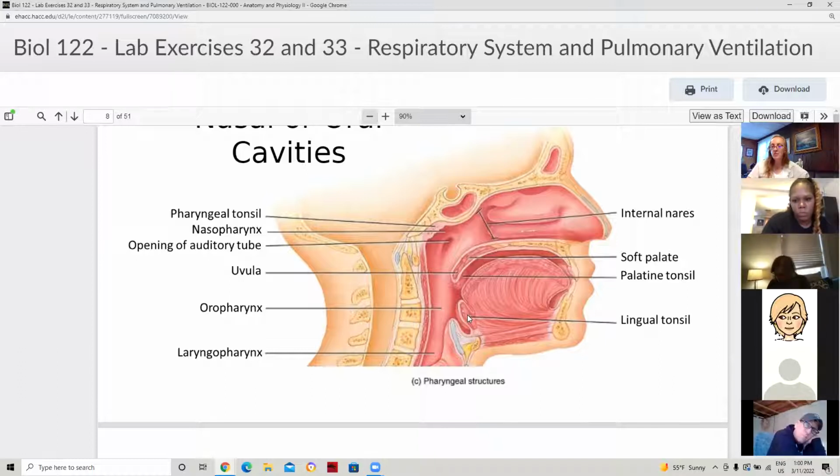So lingual tonsil right at the base of the tongue. You can understand why people who have inflamed tonsils get their tonsils removed, because they block breathing.